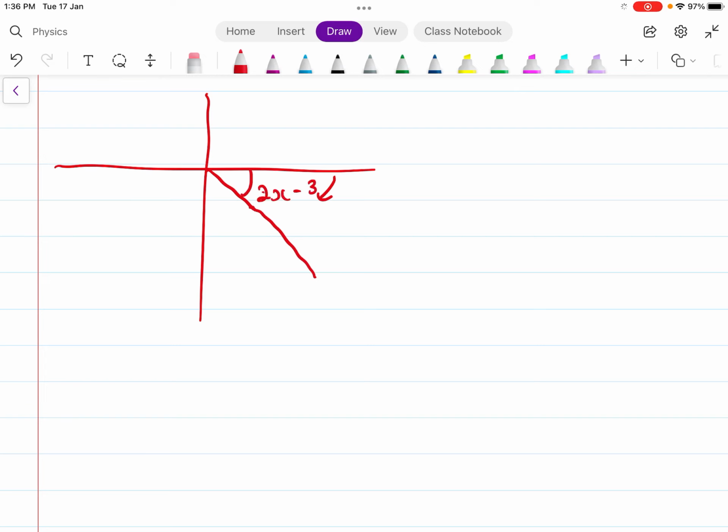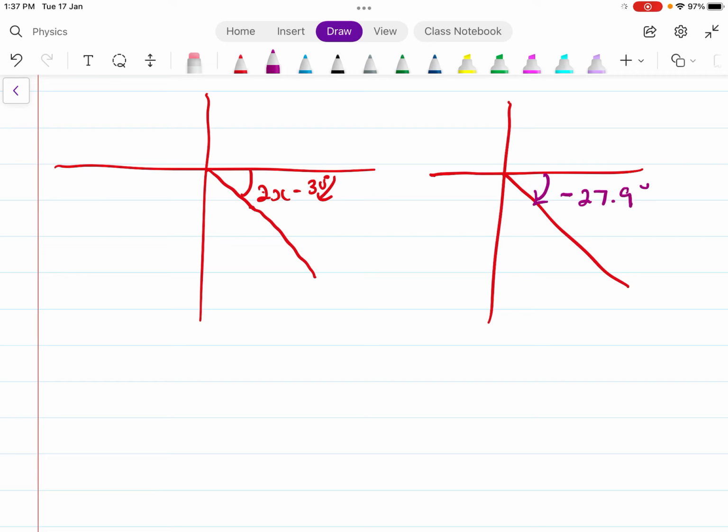2x minus 30 degrees. Of course, I draw the so-called basic angle. For the basic angle, now you cannot just put 27.9. You must put negative, because you rotate in this particular direction. It's just a direction problem. So negative 27.9 degrees.